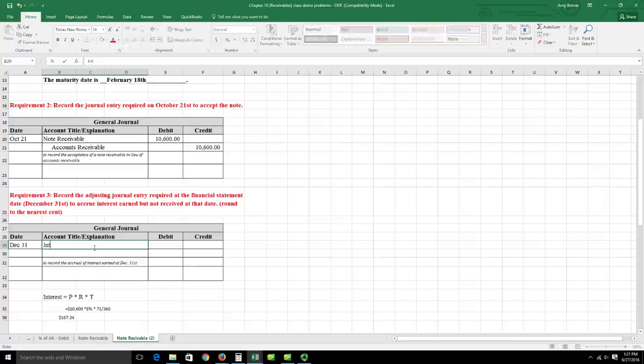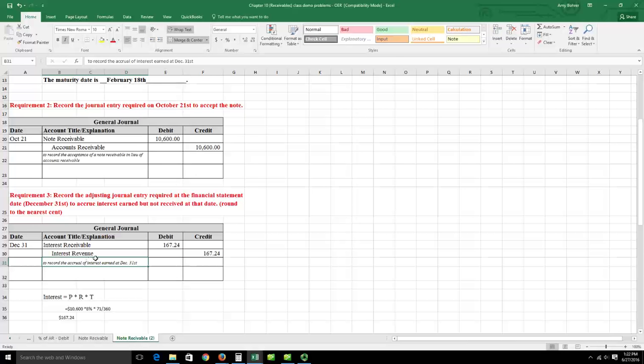So I'm going to debit interest receivable. And again, this is an asset. I have the right to collect that sometime in the future. The customer is going to pay us on February 18th, if you remember correctly. So that's $167.24. And I've got to recognize that revenue, interest revenue, $167.24.